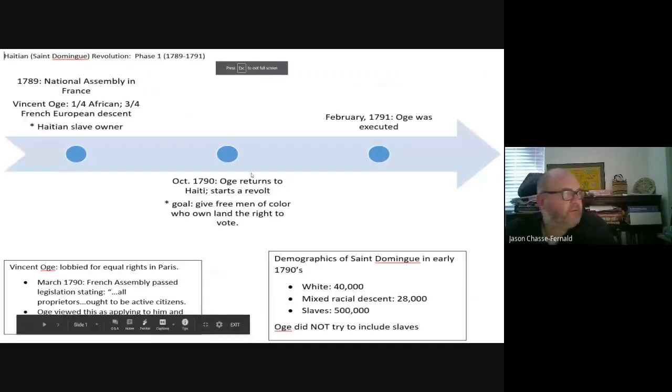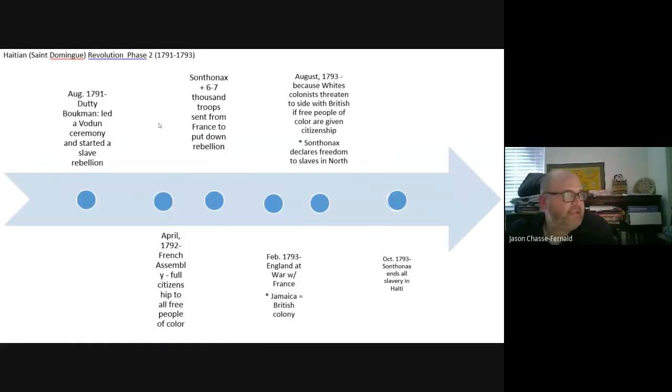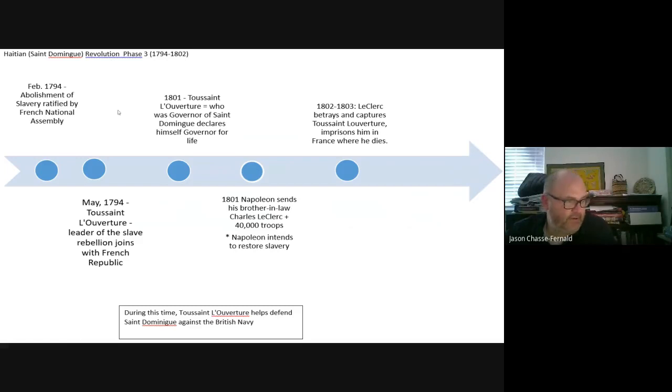So for your phase 1, this is what it should look like. For your phase 2, these are roughly what you should have, or something similar to this, from watching that film. Feel free to pause and look. For phase 3, this is what your answers roughly should look like.